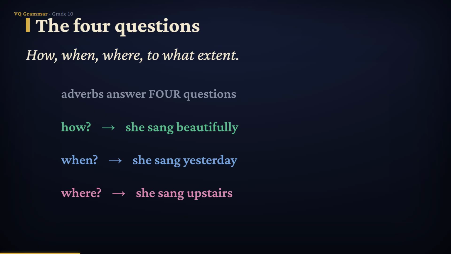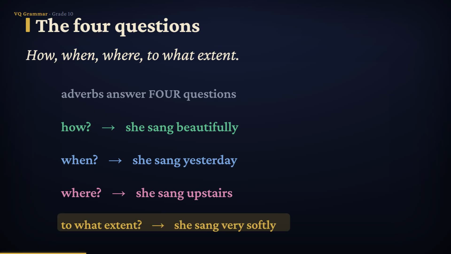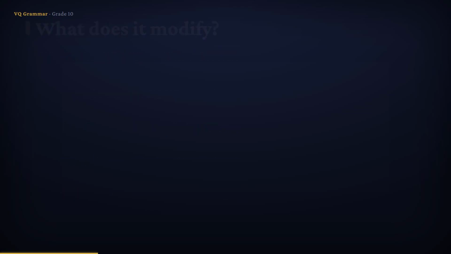And fourth, to what extent, which you can also hear as how much or how often. She sang very softly. Very gives us the degree, telling us just how softly. How, when, where, to what extent. If a word answers one of those 4 about a verb, you are almost certainly looking at an adverb.